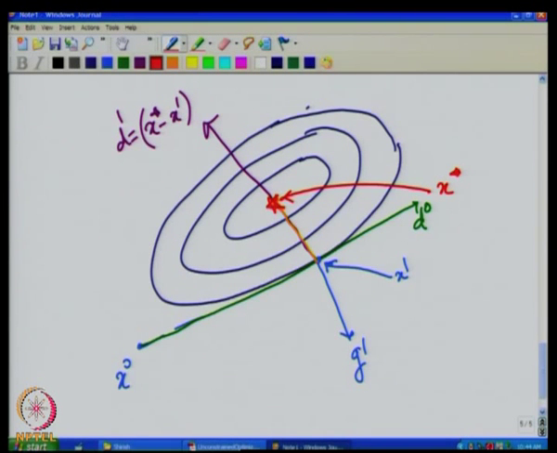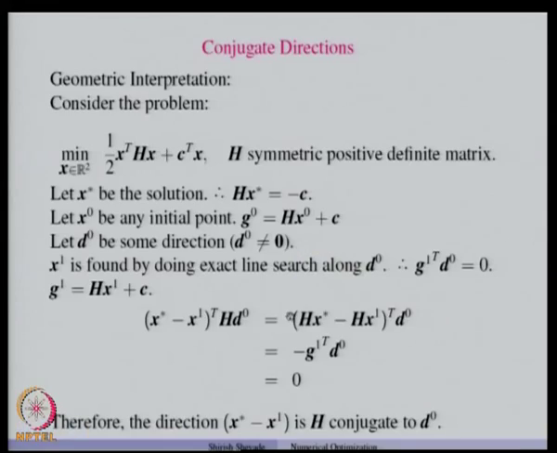So, at the most 2 steps were needed here to reach the solution. So, this is a geometrical interpretation of conjugate directions.